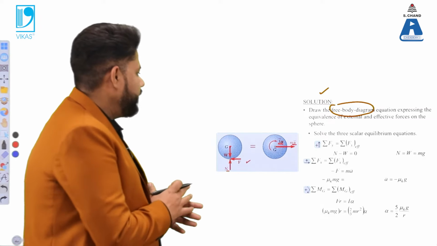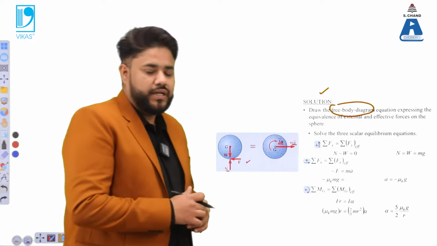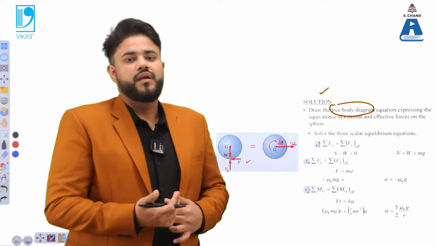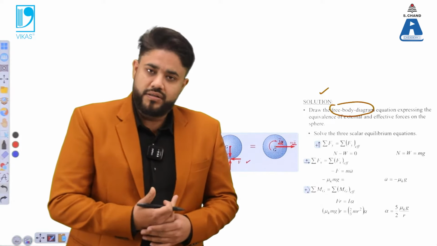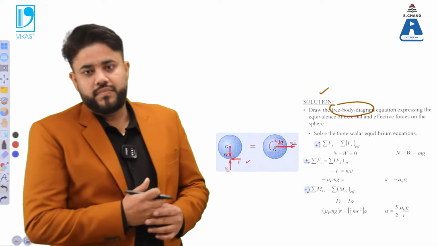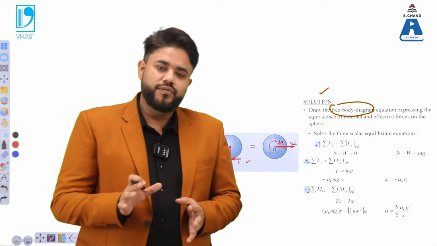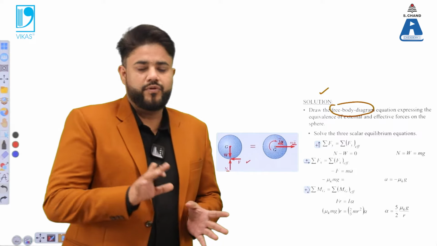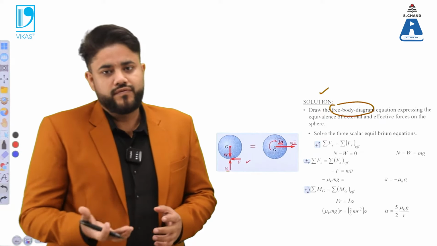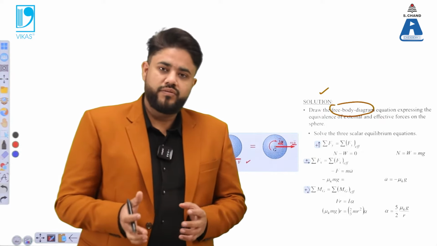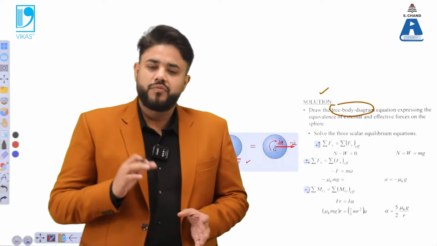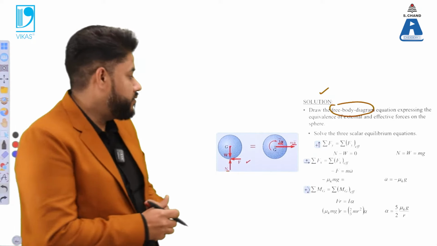We will be solving it using the general methodology, in which we take the sum of all the forces in x direction equal to 0, the sum of all the forces in y direction equal to 0, and also the summation of all the moments equal to 0.